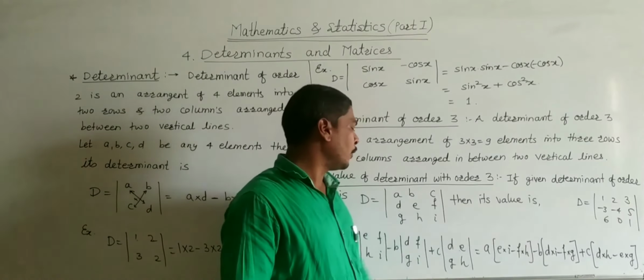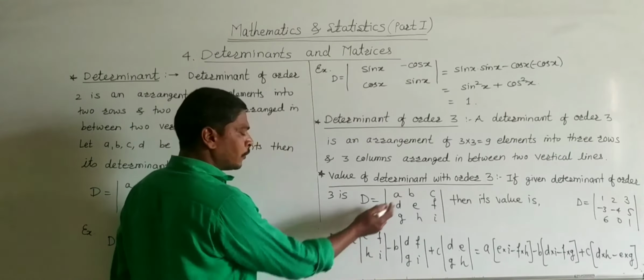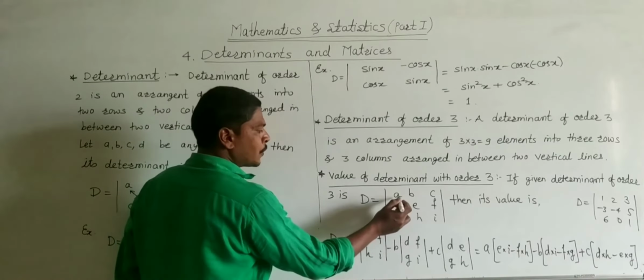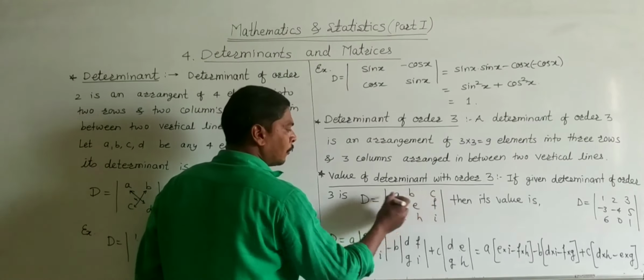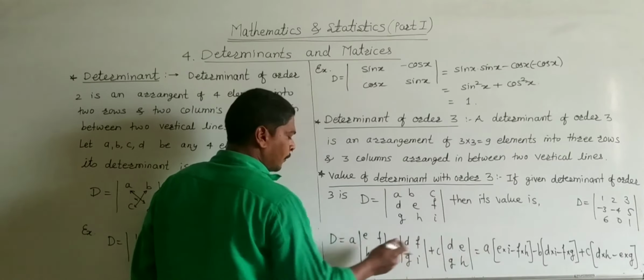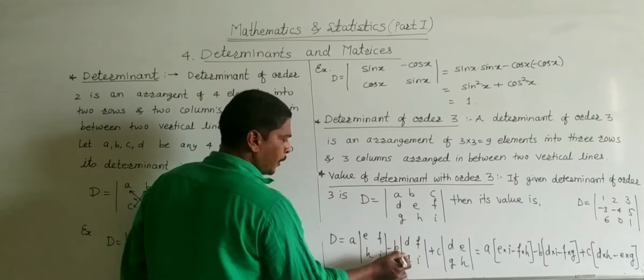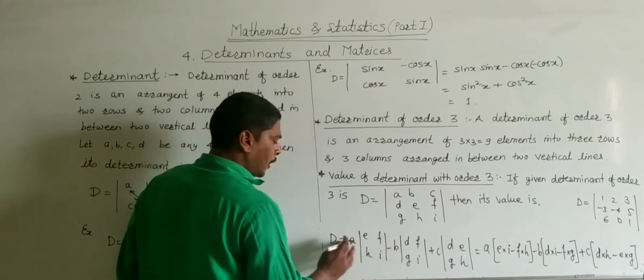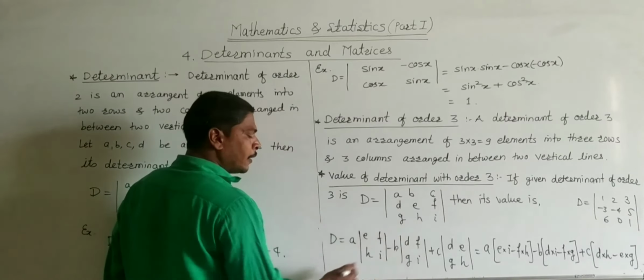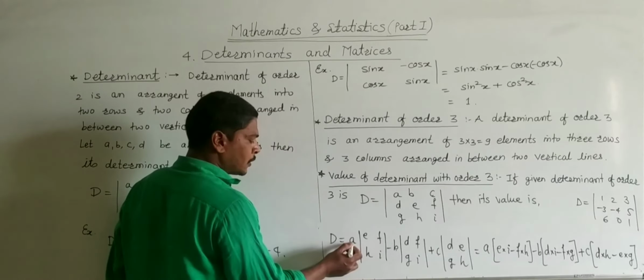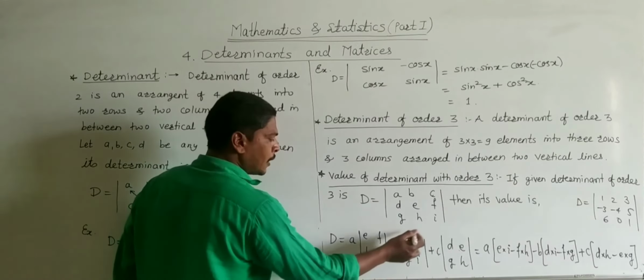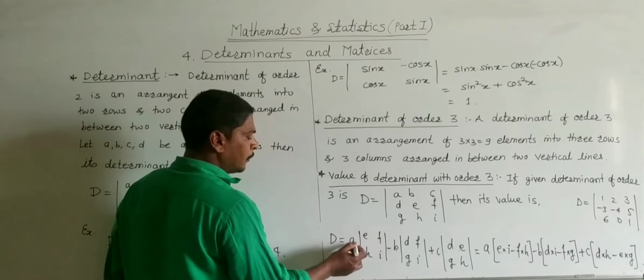Then its value is, so this determinant becomes, first write all elements of the first row one by one. So first element is a, then second element is b, third element is c, and now give them alternating plus minus signs.